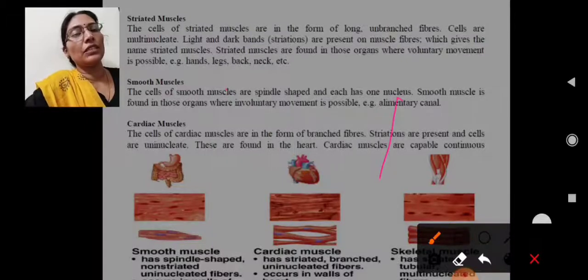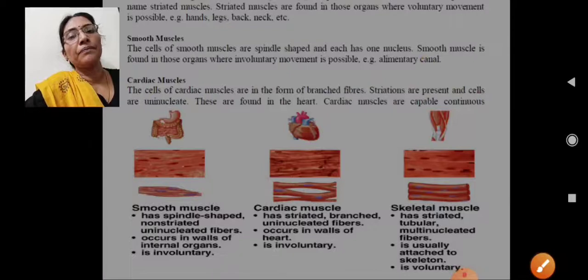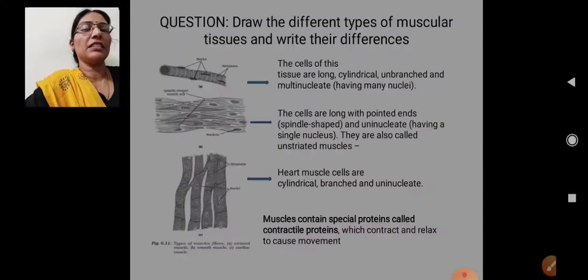So here you can see the point-wise differences written. Skeletal muscles are striated, tubular, cylindrical, multinucleate fibers, usually attached to the skeleton, and voluntary. In small points, all the features are written here.